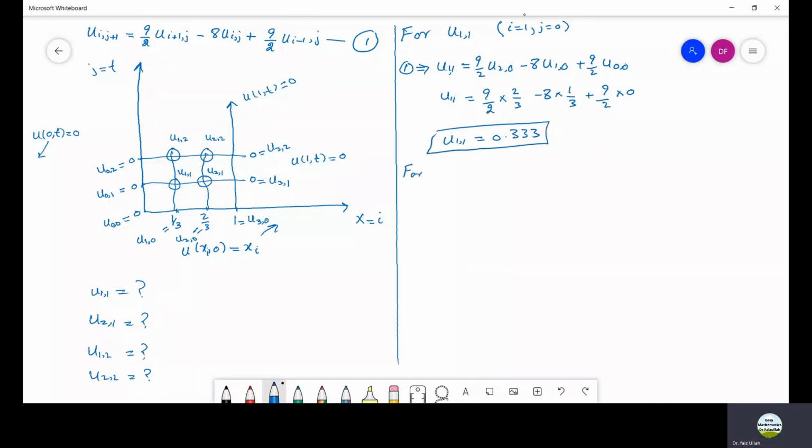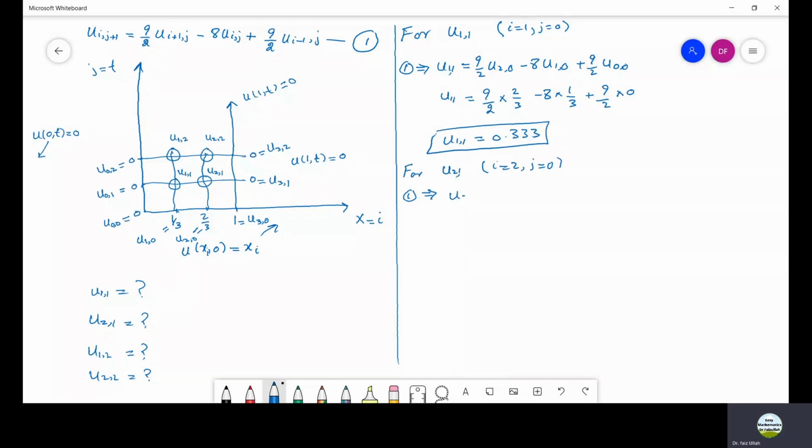Now let us find the next value. The next value is for u2,1. So to get u2,1 from equation 1, we need to put i is equal to 2 and j is equal to 0 in the left hand side. So let us put i is equal to 2 and j is equal to 0 in equation number 1.